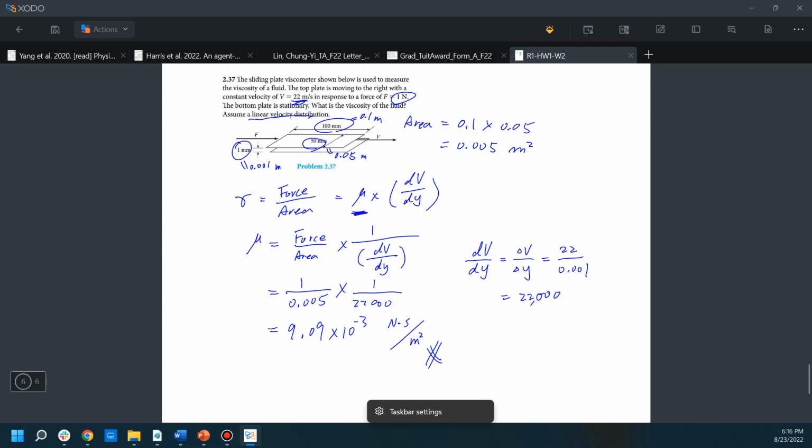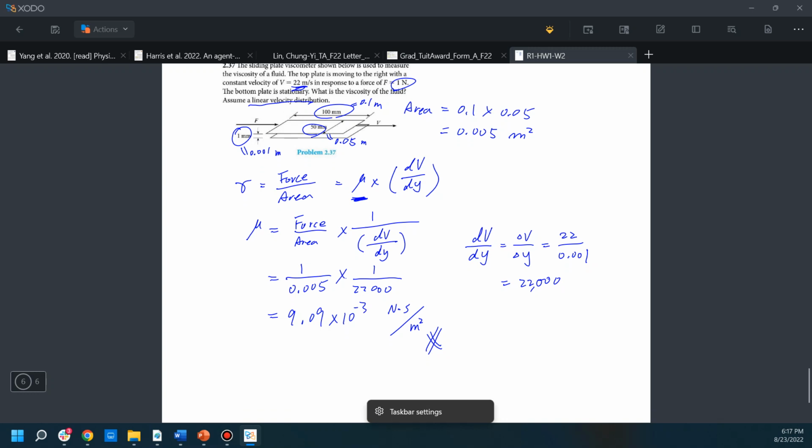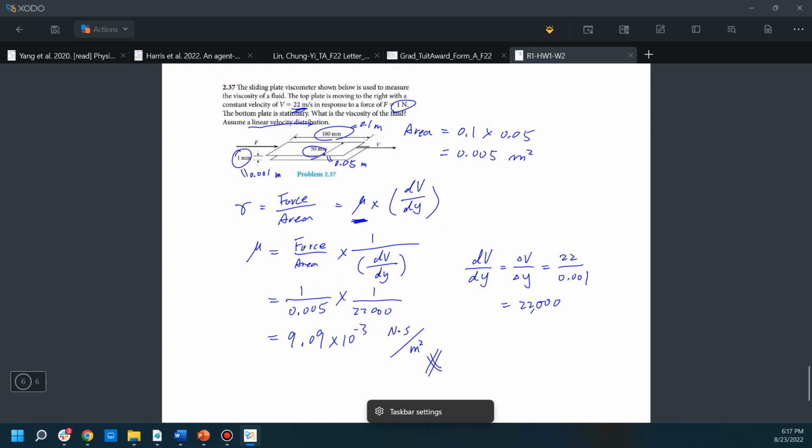With these two equations that describe the shear stress, we can reorganize and isolate the viscosity. The rest of the variables are already given in the problem, you just need to plug all those values back into the equation and you can get the value for the viscosity. Okay, so that is the last problem we have for the homework.